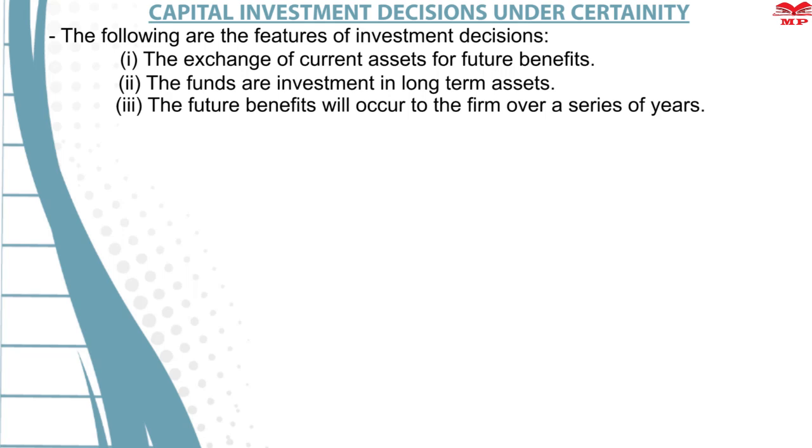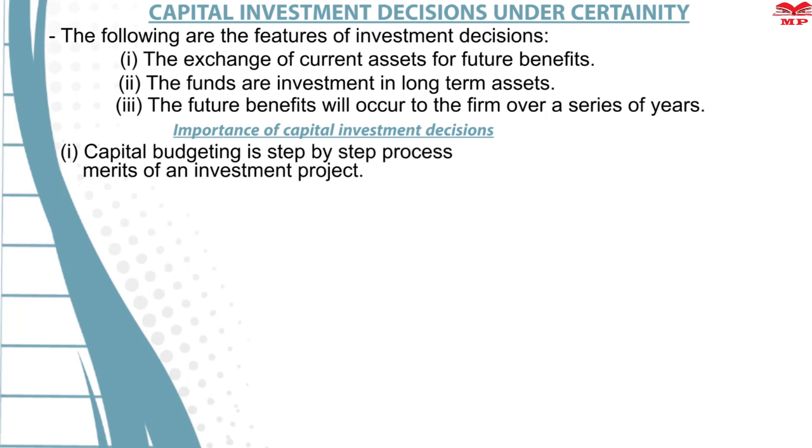So why is it important? What is the importance of capital investment decisions? I've said, and I'm repeating, capital budgeting is a step-by-step process that businesses use to determine the merits of an investment project.